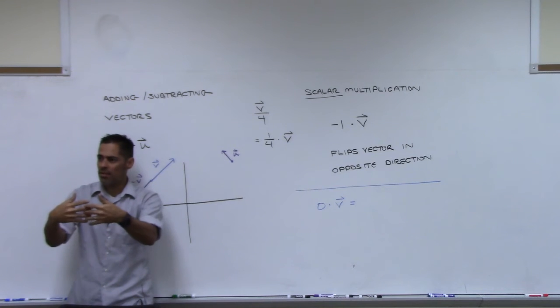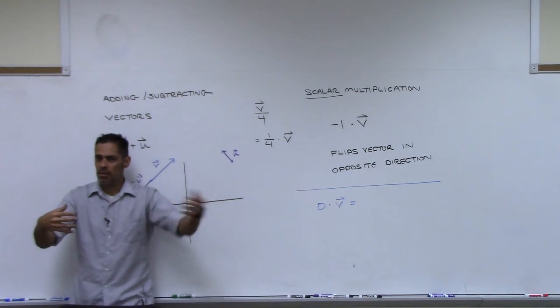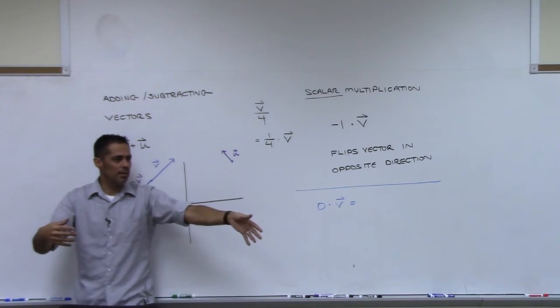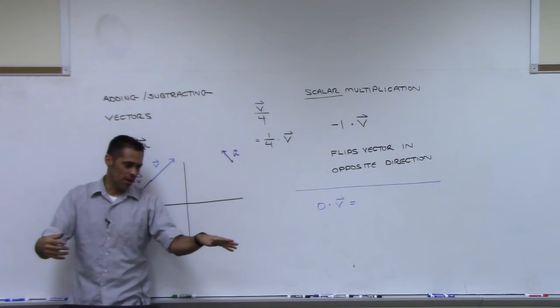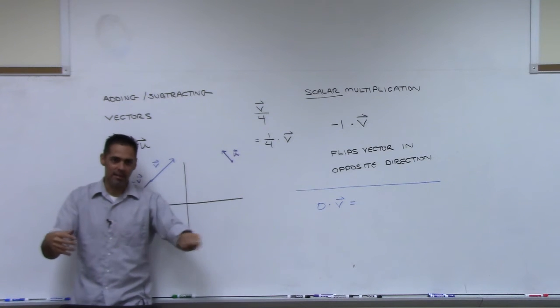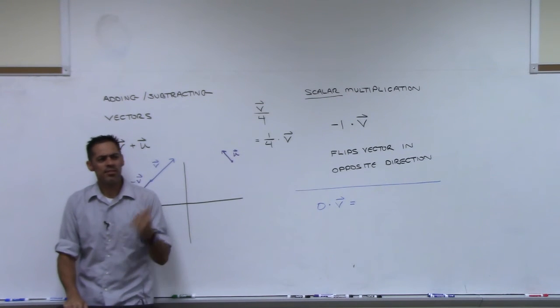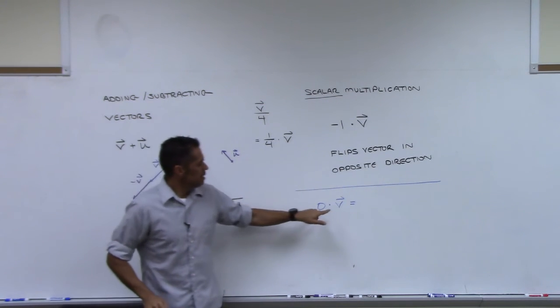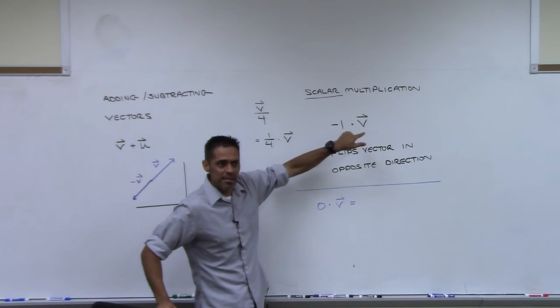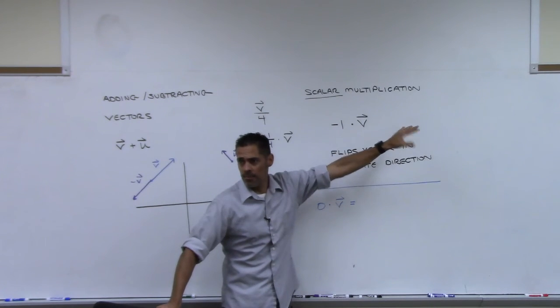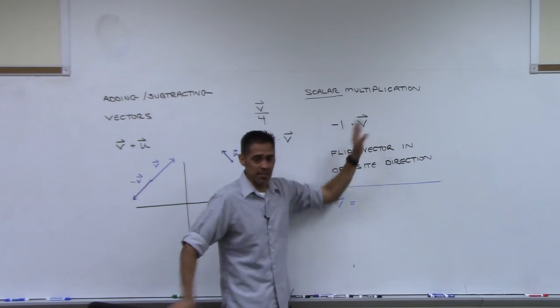Two numbers subtracted, you got a number. Two numbers multiplied, you got a number. This is weird. What we're doing here is number with vector, and it's spitting out vectors. Number, vector, vector.